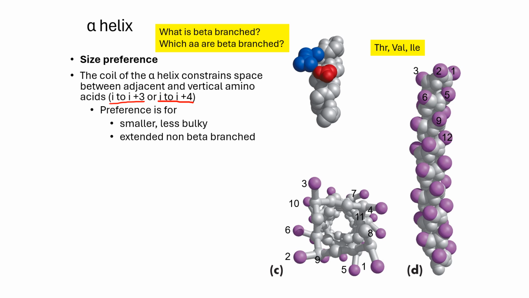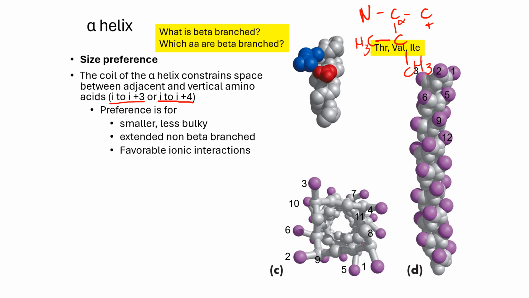Well, our beta branched, if you think about N, C, C, this is our carboxylic acid right here. That would mean this is our alpha carbon. This is our beta carbon. And if you have H3C, CH3, like you have in valine, that's considered a beta branched amino acid.